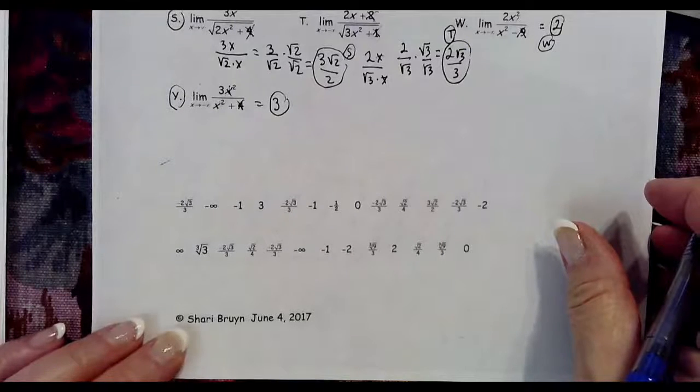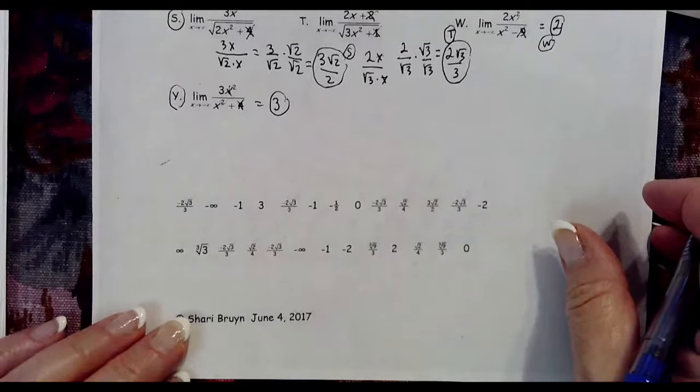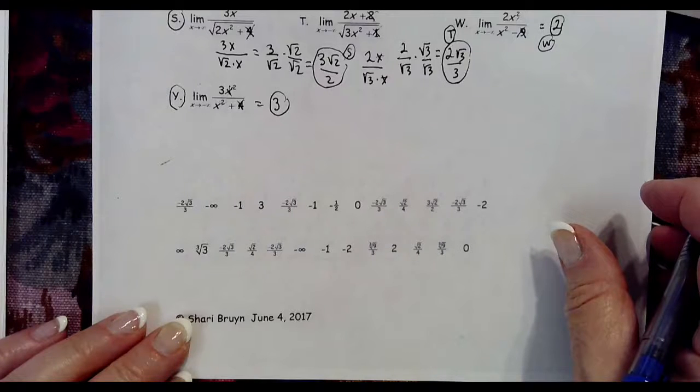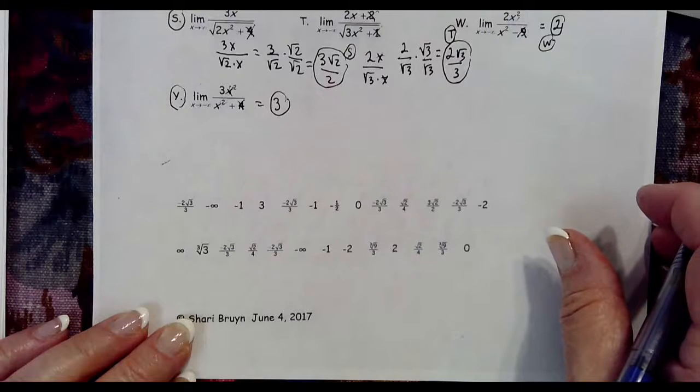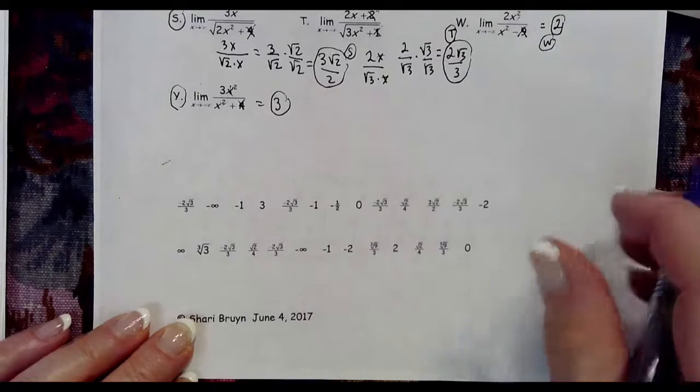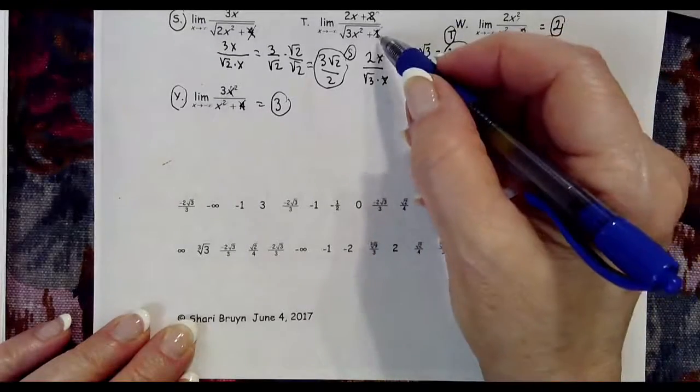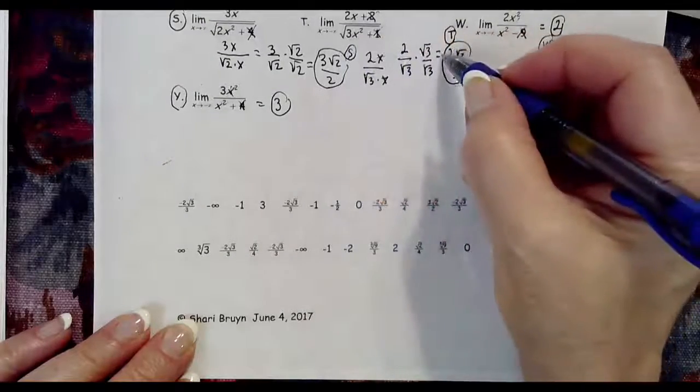All right, so 2 square roots of 3 over 3. Looks like we have a negative, it should have been. Yeah, T should have been negative because we went to negative infinity.